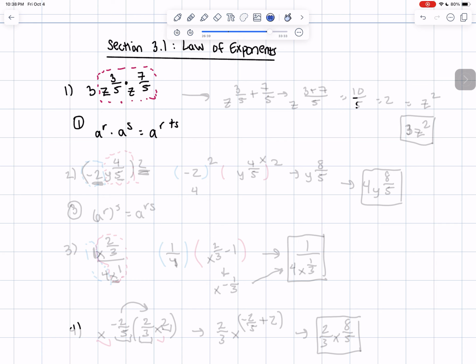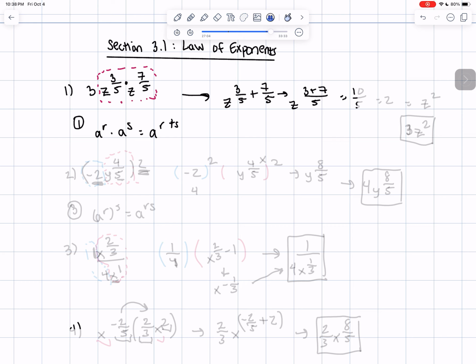So now what's going to happen is, since the z is the same, I'm just going to write it like this. So it's going to be 3 over 5 plus 7 over 5. And since it's the same denominator, I can also write it like this: 3 plus 7 over 5.